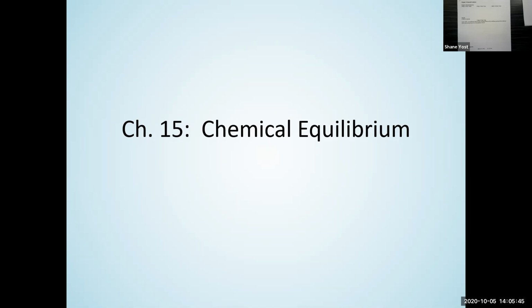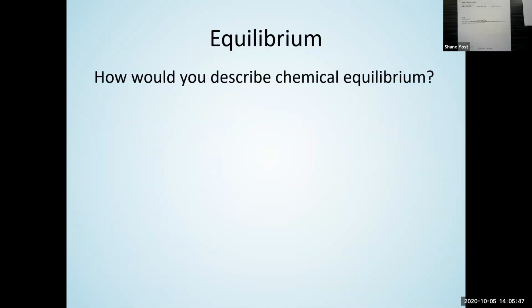All right. So how would one describe chemical equilibrium? How would you describe a reaction that is at equilibrium? When the forward reaction and the reverse reaction... Yeah.